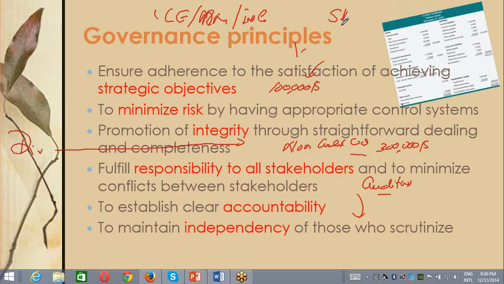This is exactly what happened with Arthur Andersen and Enron. The directors gave them a lot of money for non-audit work, and the auditors lost their independence. So corporate governance is trying to bring back that independence, because without it, the shareholders can't rely on you.